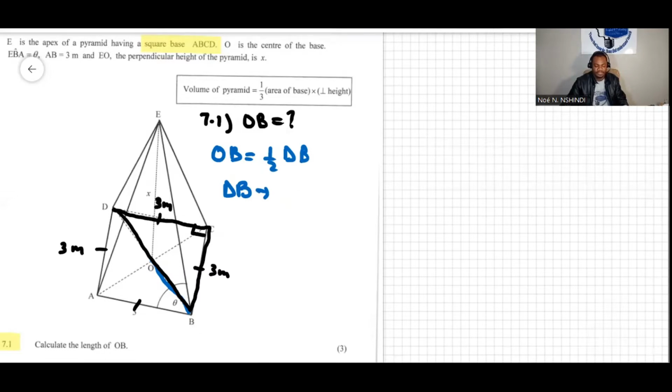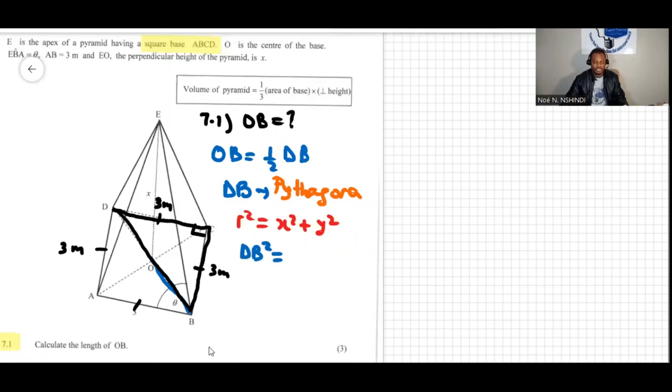We use Pythagoras to find DB. Then you can say r squared will be equal to x squared plus y squared. Then DB squared will be equal to 3 squared plus 3 squared.